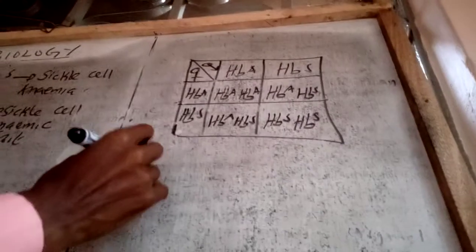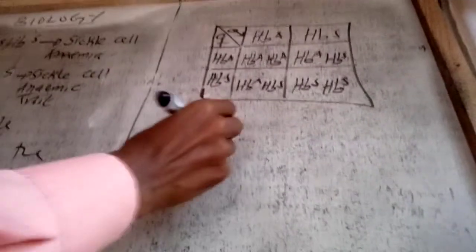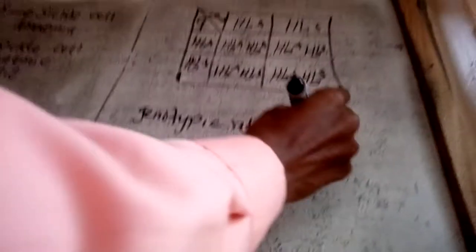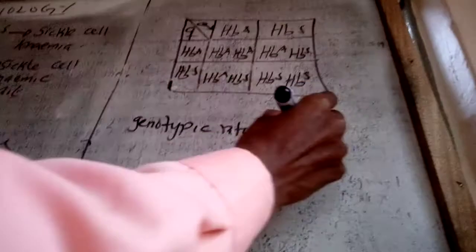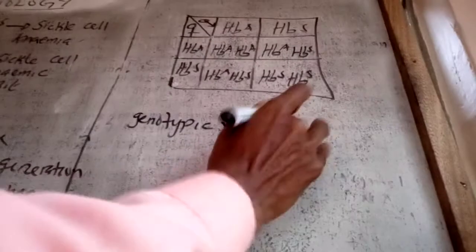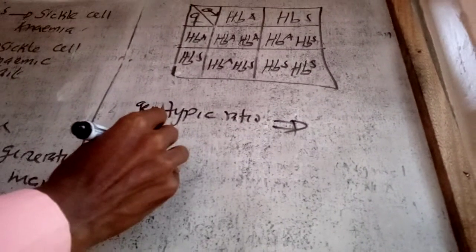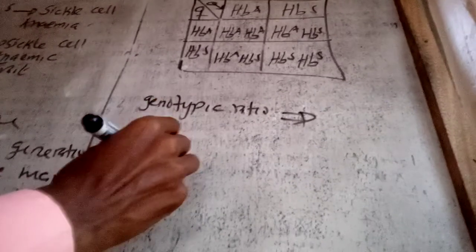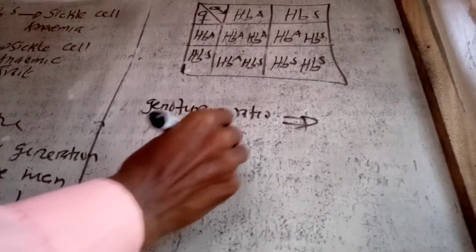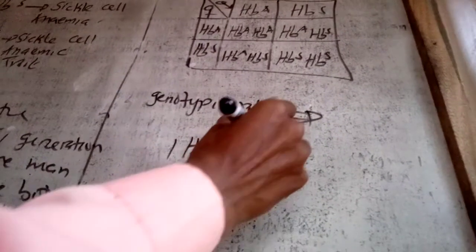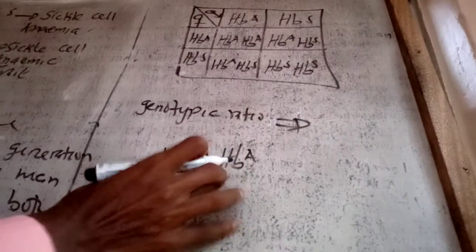As far as the genotypic ratio is concerned, we can write them here. There is one HbA HbA, that is the genotype of the first child.